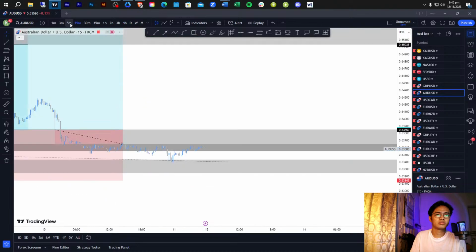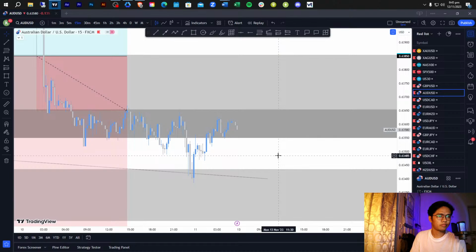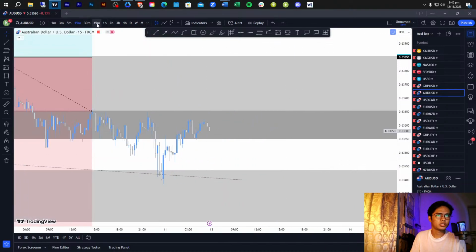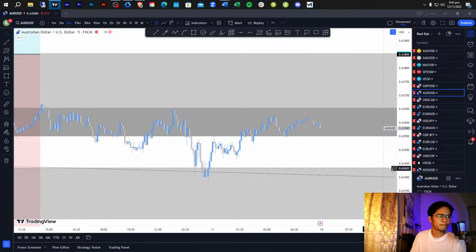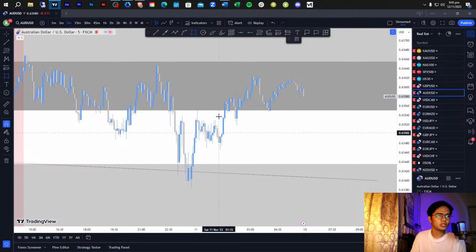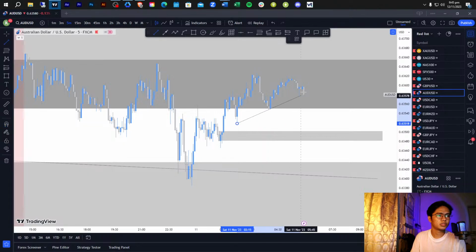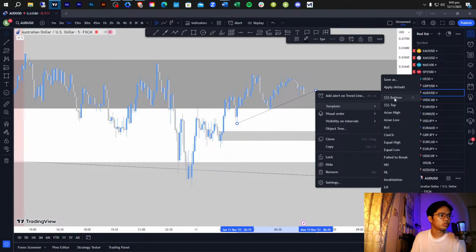Then we can go on 15 minutes and 5 minutes. Actually on 5 minutes we need to see at least, let's look at 5 minutes. Okay, so on 5 minutes there is this level, and we also have this trend line right here, which is a good liquidity bottom.